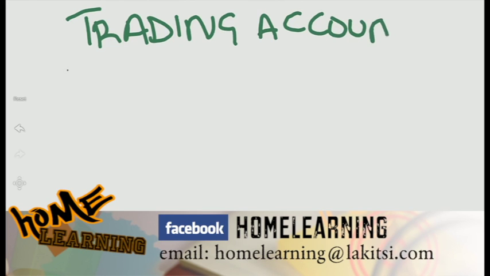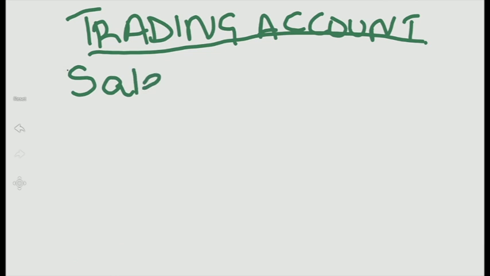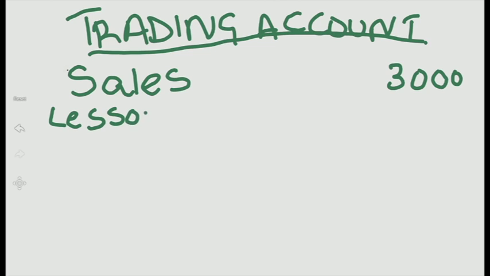I will not write the whole heading, but when we prepare the trading account, we start with our sales, which someone will say turnover, of 3,000, then less cost of goods. We are reflecting on this, less cost of goods.